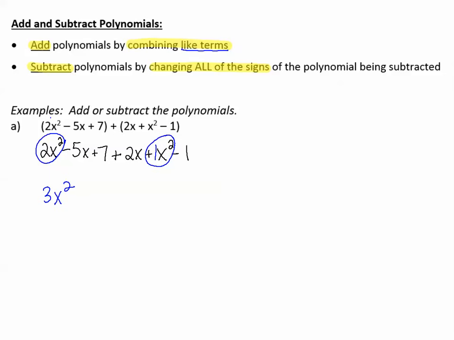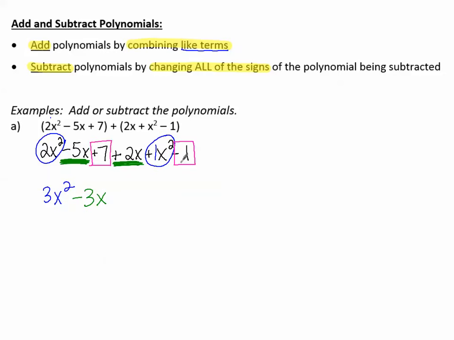What are some other like terms? Let's take it down in standard form. The next ones are the x's, negative 5x and positive 2x. Notice I'm going with the sign that's in front. Negative 5 and positive 2 makes negative 3x. Finally, I have the constant term, positive 7 and negative 1.